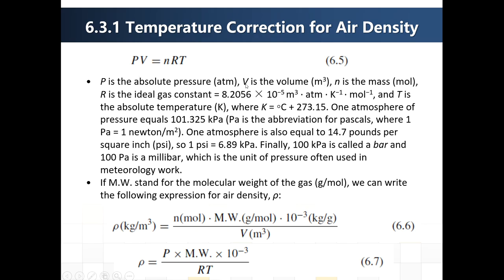So P multiplied by V is equal to n, the amount of air, times R, the ideal gas constant, which is equal to 8.2056 multiplied by 10⁻⁵ cubic meter atm per K per mole. And T is the absolute temperature in K, where K is equal to the Celsius temperature plus 273.15.